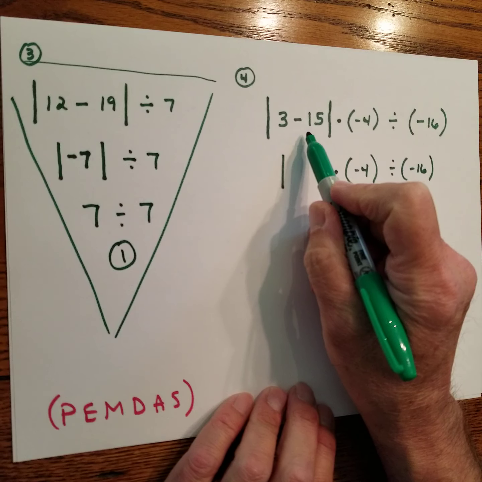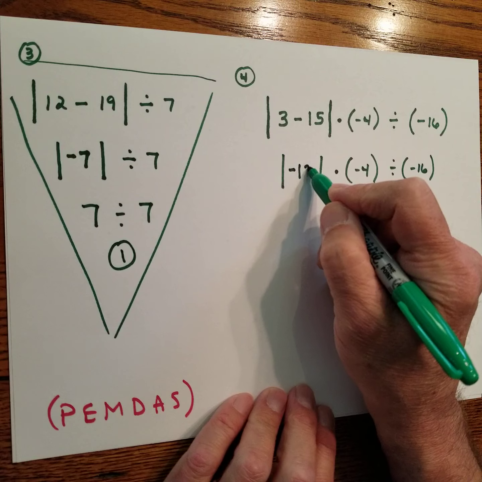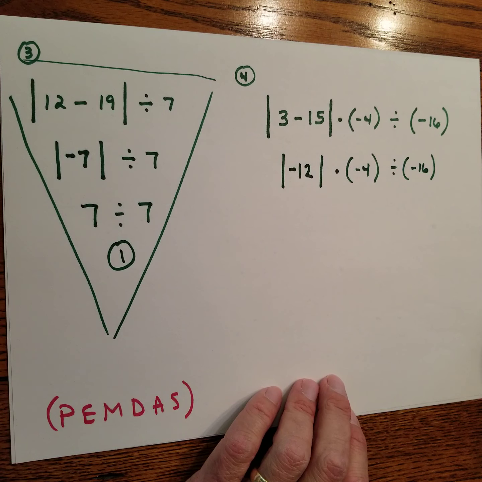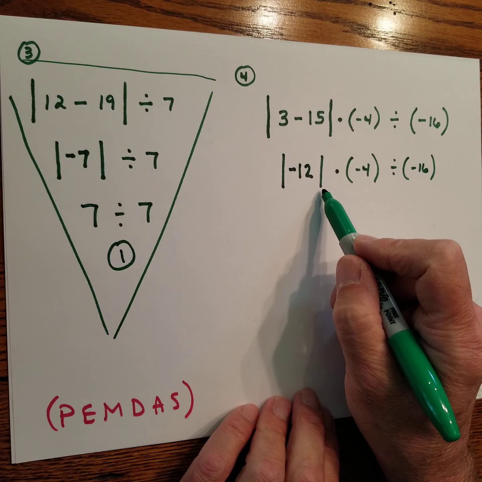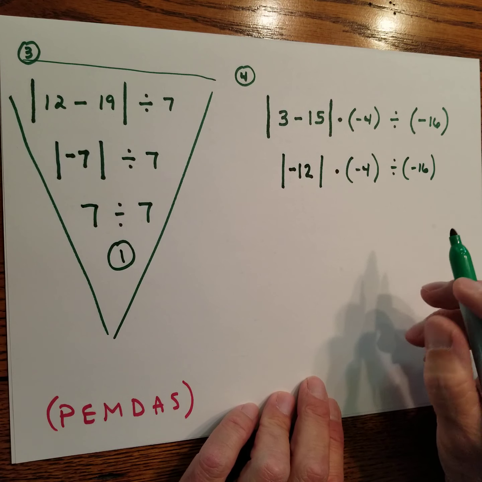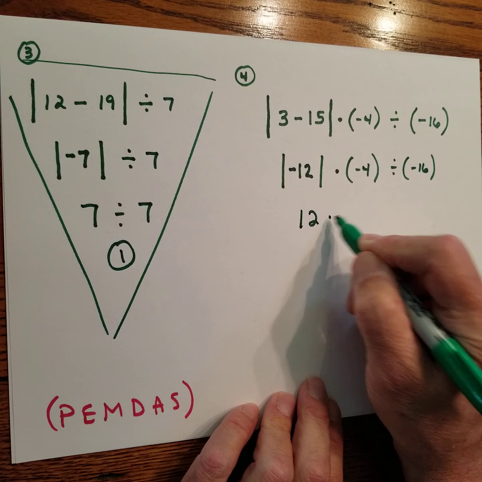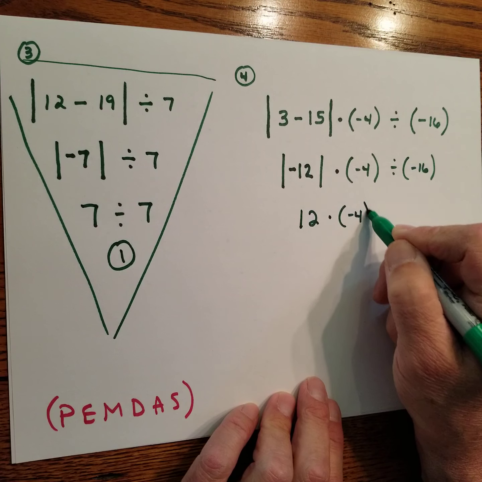If I work inside of here, 3 minus 15 is negative 12. Now I've got absolute value. Absolute value changes any number into a positive number. So the absolute value of negative 12 is positive 12. Copy the rest.